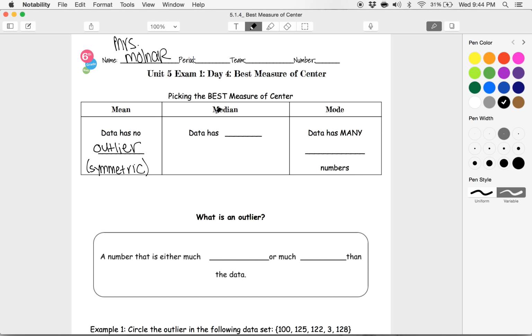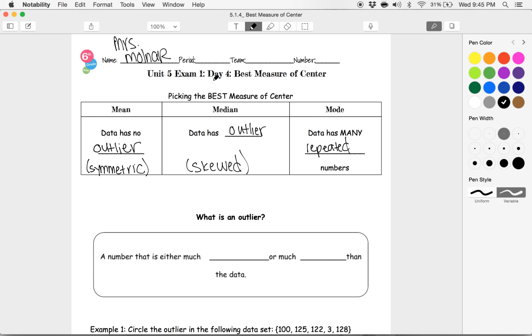We're going to use the median when the data has an outlier. We also call this when it's skewed. And last one, we use mode when the data has many repeated numbers.